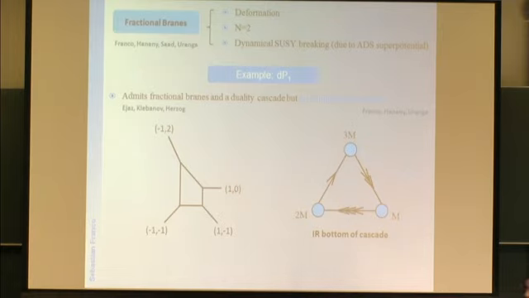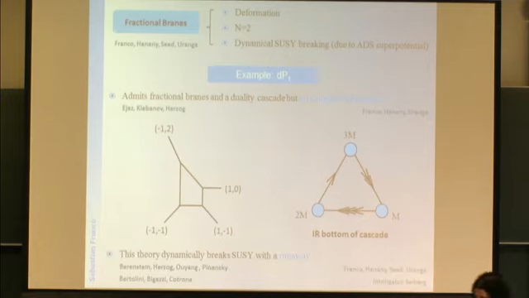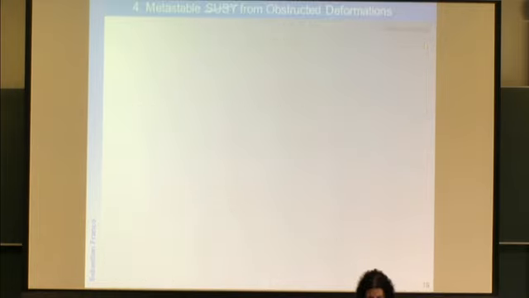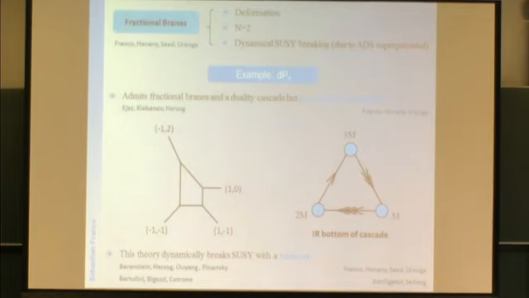This is just a closed version of the 3-2 model. This guy dynamically breaks supersymmetry, and it breaks in a way that has a runaway direction. There's no metastable minimum here, as was originally noted in the original paper, then revisited by some people that went into the details. Okay, very good. So then what's the message here?